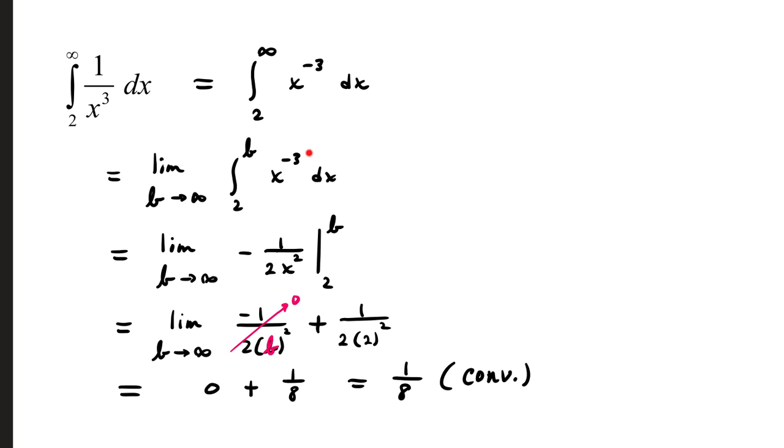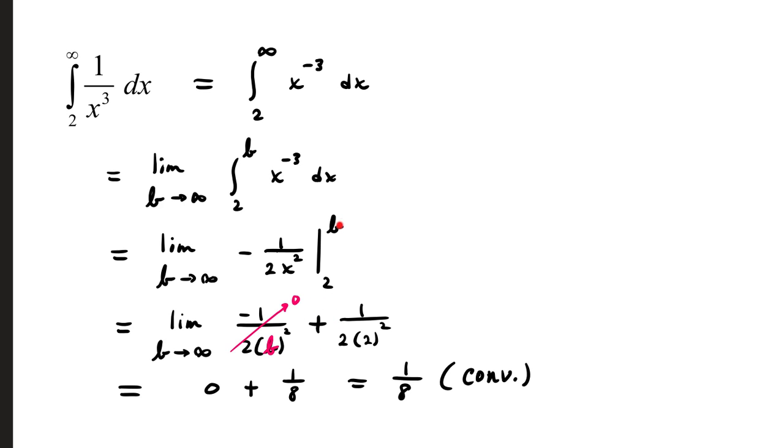Take the antiderivative, add 1 to the power, that's x to the negative 2, divided by negative 2. Return your x to the negative 2 back to the denominator, and this antiderivative is negative 1 over 2x squared. We're going to substitute in b, then 2, and take the difference. Subtracting a negative is where I'm getting this plus sign.